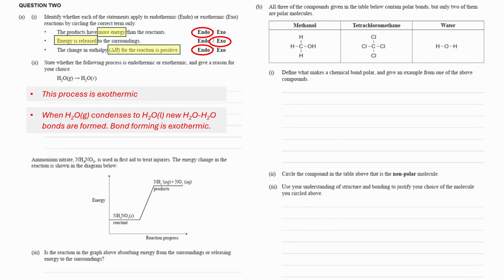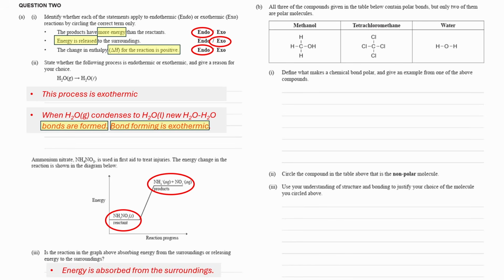In this reaction, is the reaction in the graph above absorbing energy from the surroundings or releasing it? So we just have to say absorbing or releasing. In this case, it's starting at the bottom and going up to the top. It's got more energy, so it must have absorbed energy from the surroundings.